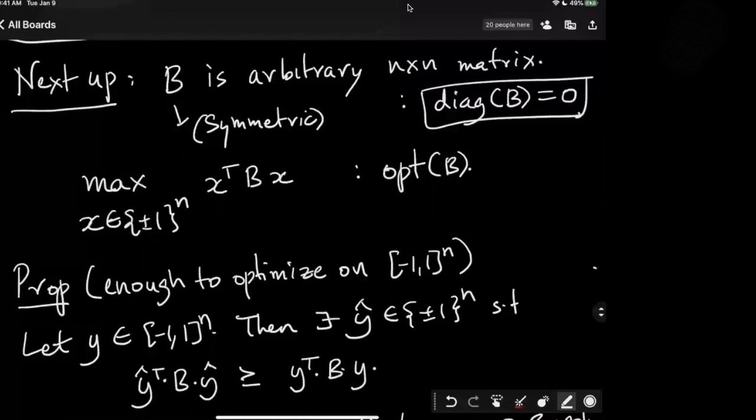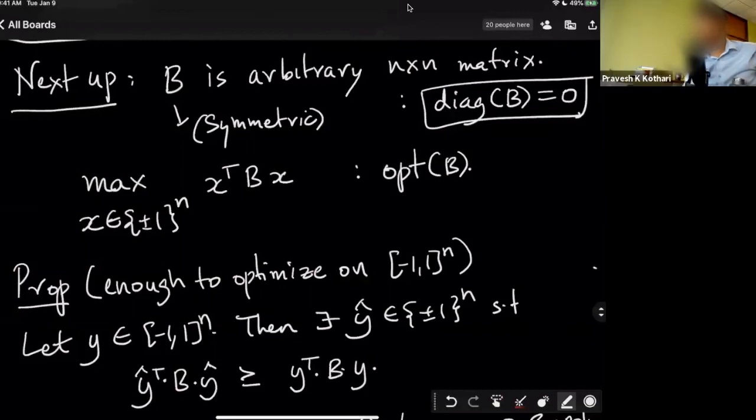I'm not sure. I agree that if all the diagonals are negative, then you're fine. But if you have a mix of positive and negative, I think this is not. Well, fine, over the solid hypercube, I see, you're saying if you have a mix, then you can always get a non-negative value, because you just focus on the principal submatrix where you have positive entries. The non-trivial thing is only when the diagonals are all negative.